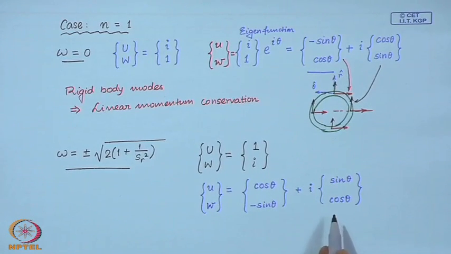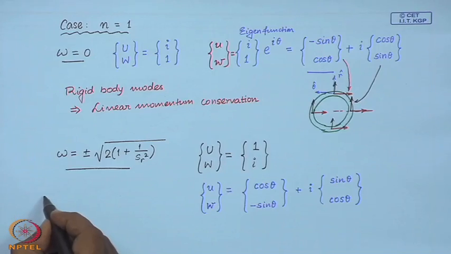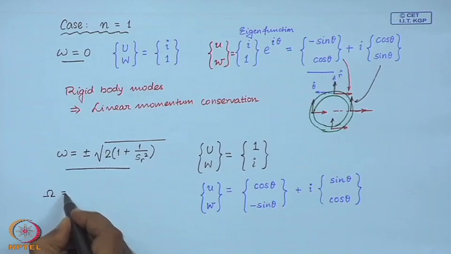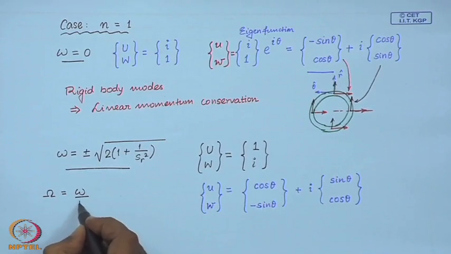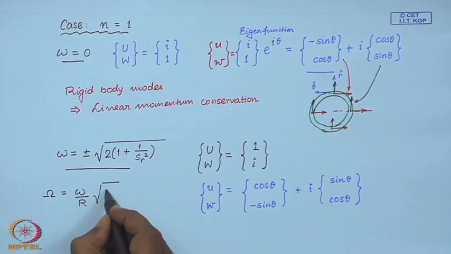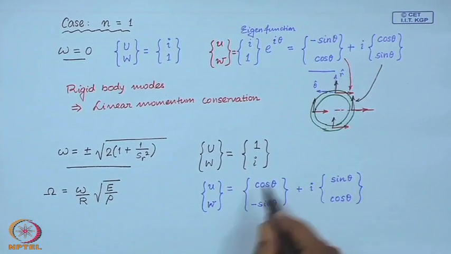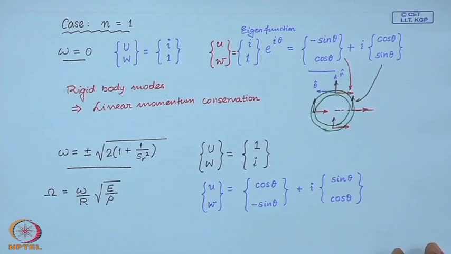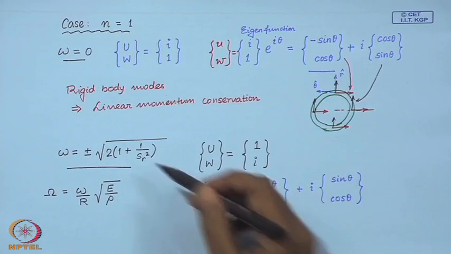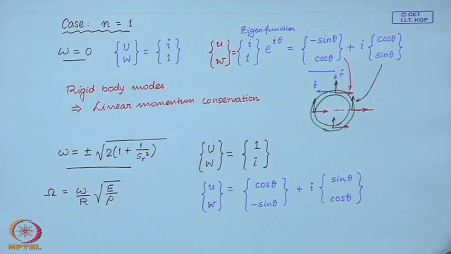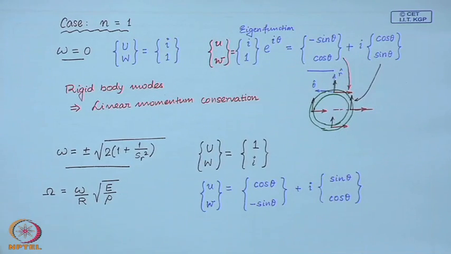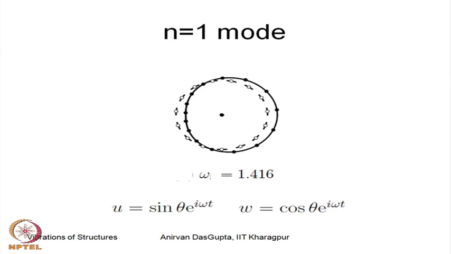Now, these are actually the non-dimensional frequencies. If you want to find out the dimensional frequencies, they are given by this. So, these are the dimensional frequencies. So, these are the eigen functions that we have for this mode.